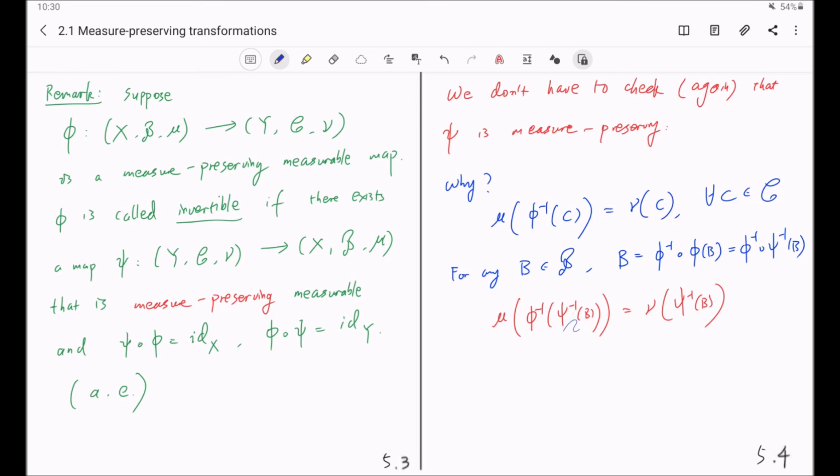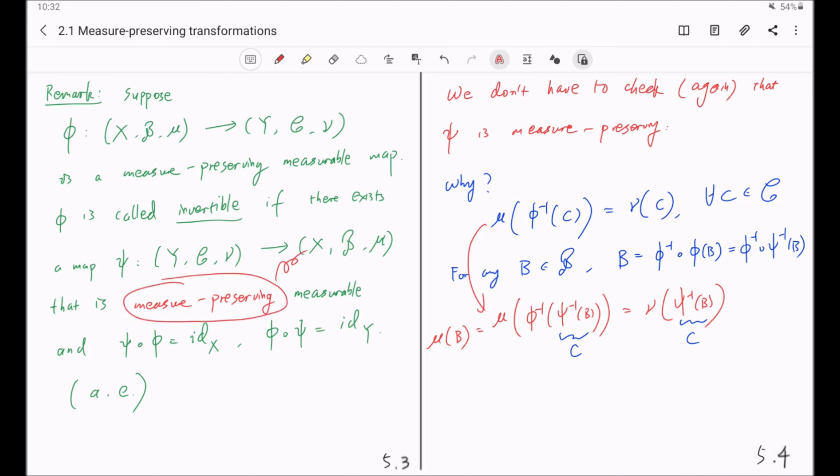So this part is just C, and this is just the first equation by replacing C with psi inverse of B. And the left hand side is just mu of B. So mu of B is equal to nu of psi inverse of B. This shows that psi is also measure preserving.